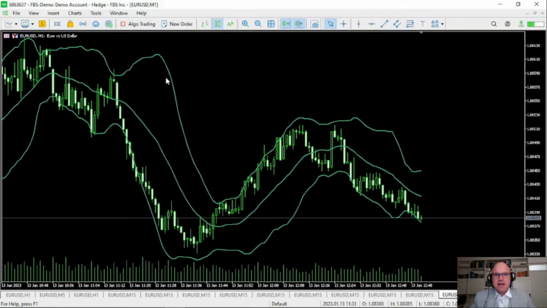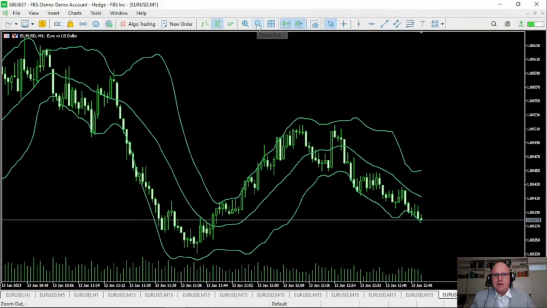Because the distance of the bands is based on a standard deviation, they adjust to volatility swings in the underlying price. You can also adjust the preferences according to your own strategy.